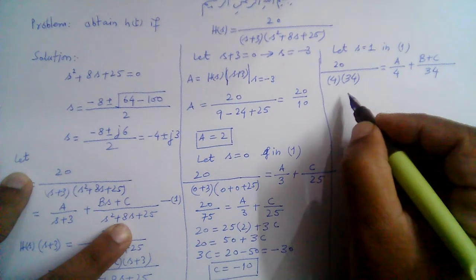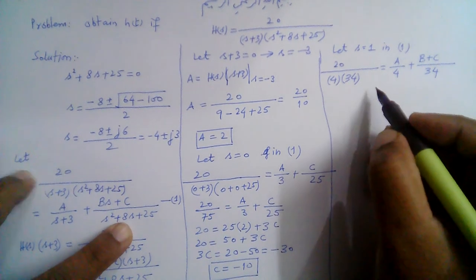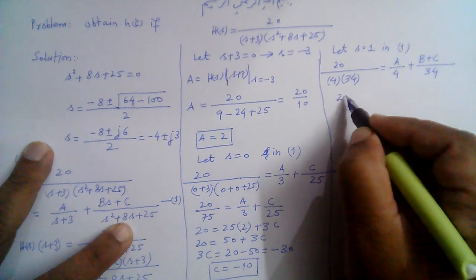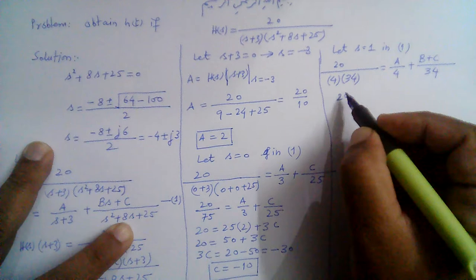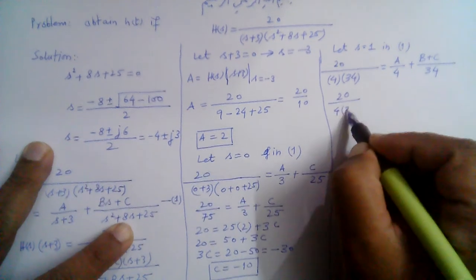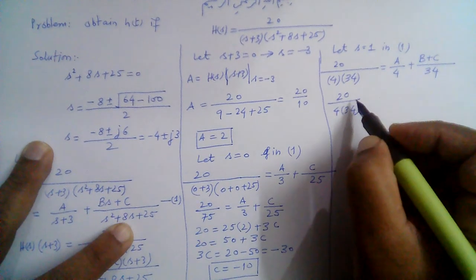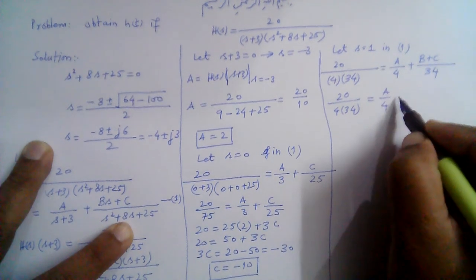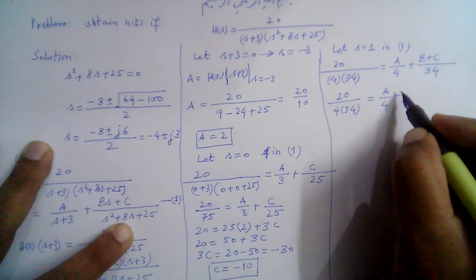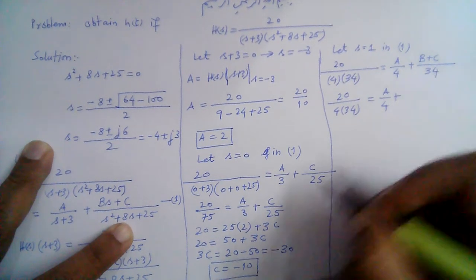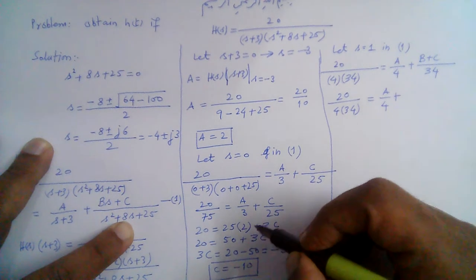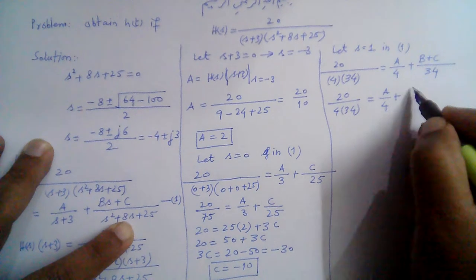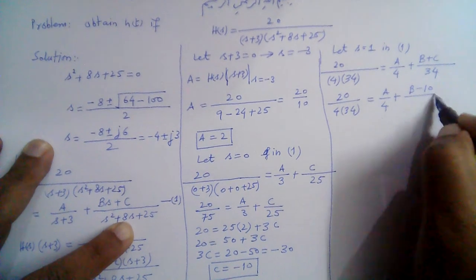So this is 20 over 4 into 34, and that is equal to A over 4, and that is B minus 10 here, because C has value minus 10, right? So that is B minus 10 over 34.